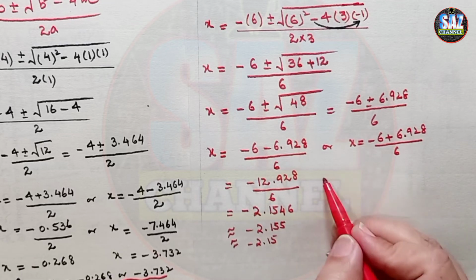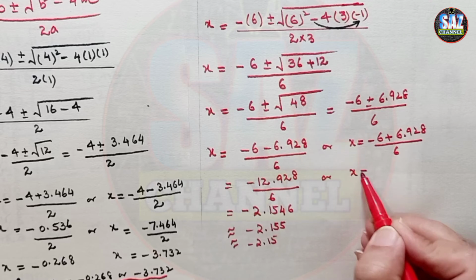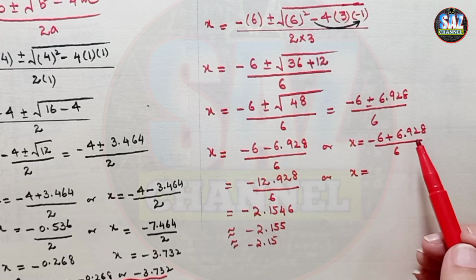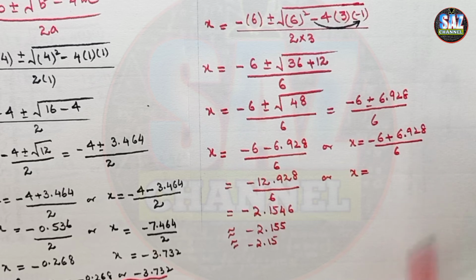Coming to the second part, x equals, when I am taking away 6 from 6.928, I am left with 0.928.